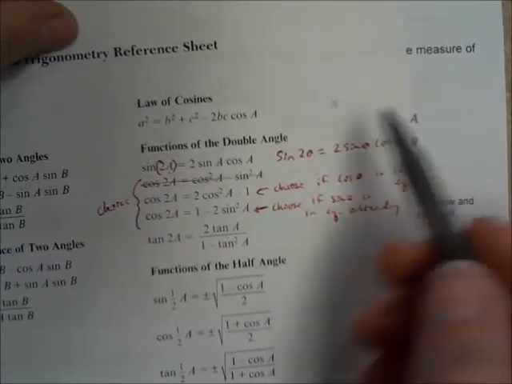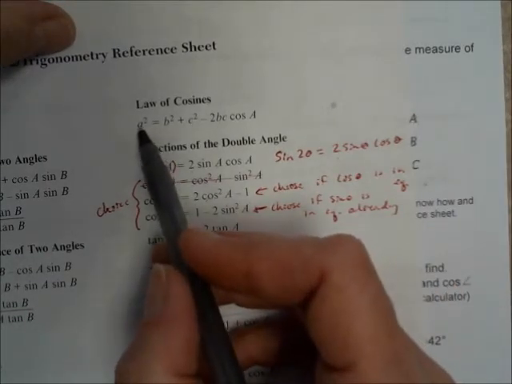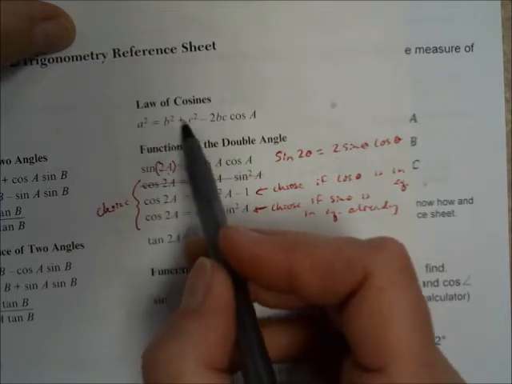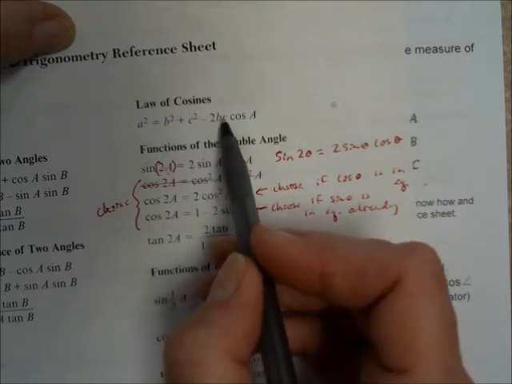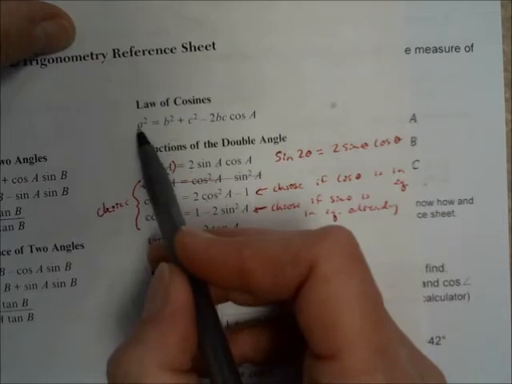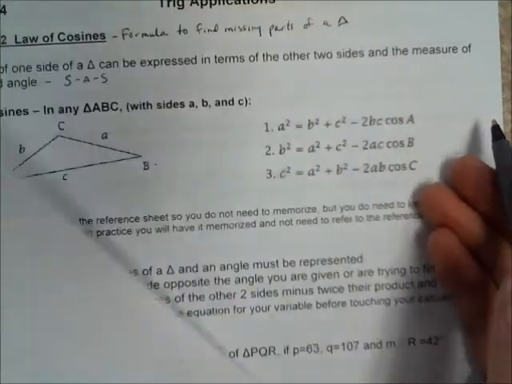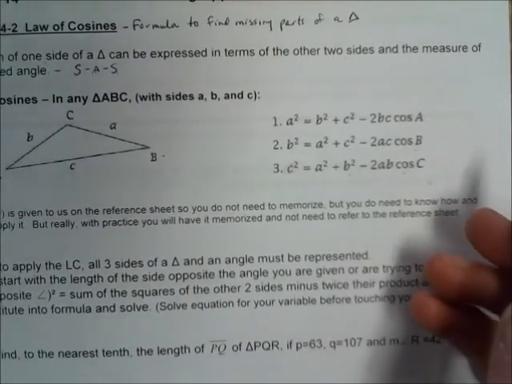So what you have to do is figure out what side they're asking for, and replace this letter right here with whatever side they're asking for, then put the other two sides of the triangle here and here, and then the angle across from the side you're asked for down here. We'll go through some examples so you'll know what it means to use the law of cosines.